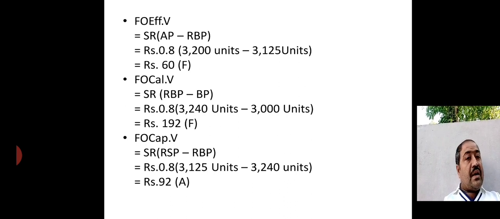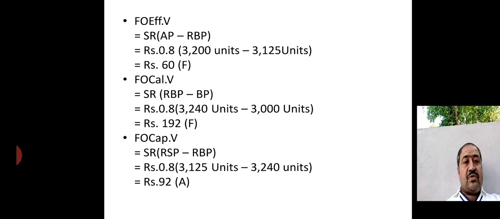Fixed overhead calendar variance, already we have calculated the revised budgeted production and budgeted production. So 3240 and 3000, 0.8 multiplied, and 192 favorable. And fixed overhead capacity variance, standard rate into revised standard production minus revised budgeted production.